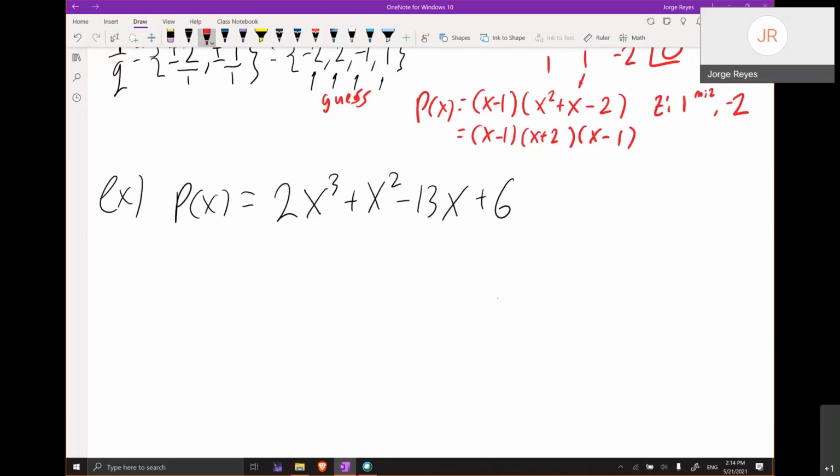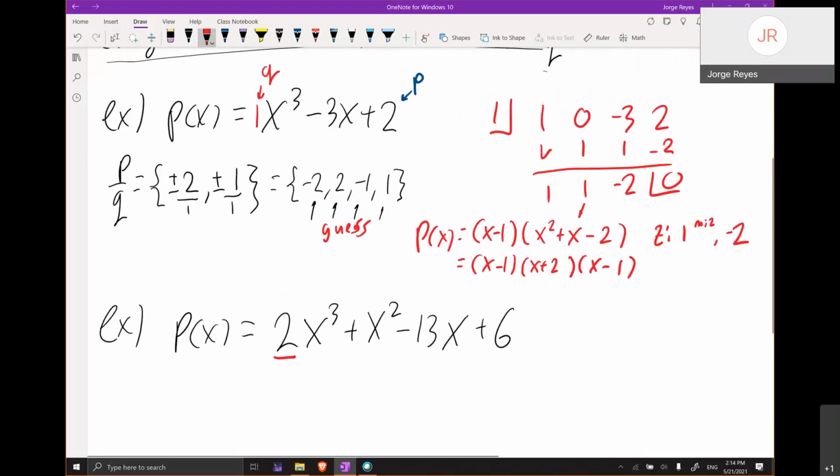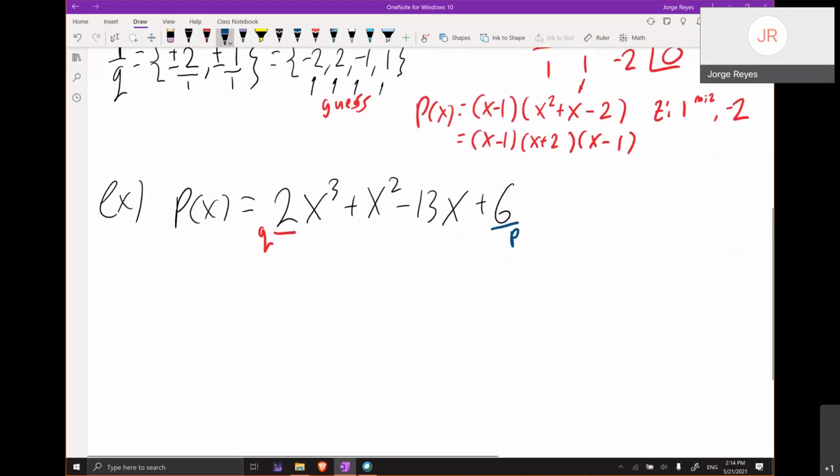So 2 is q, and p is 6. But now these have multiple factors. So p over q is going to be, q is 2 and 1, those are the factors of 2. P can be 1, 2, 3, and 6.